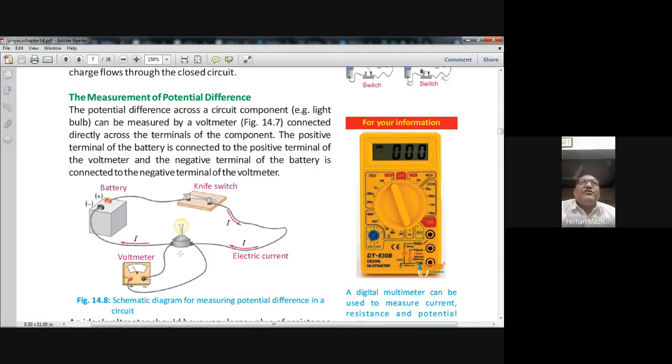Parallel means I provided a separate loop for the current. So one terminal of the voltmeter is connected with one end of the bulb, and the second terminal of the voltmeter is connected with the second terminal of the lamp. In this way, the voltmeter will tell you how much is the potential difference, how much is the voltage drop across this bulb.